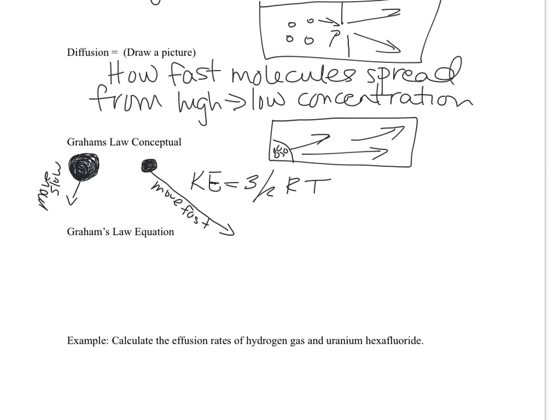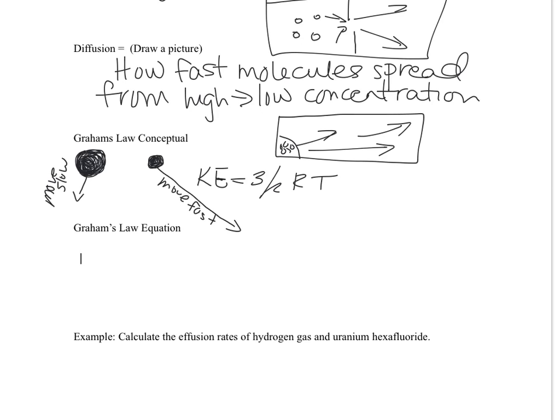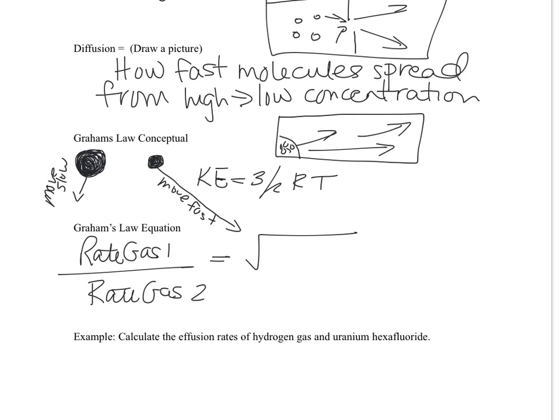So when we look at this actual equation, what we have is the rate of gas 1 over the rate of gas 2 is equal to the square root of molar mass 2 divided by the square root of molar mass 1, where MM2 and MM1 are the molar masses, as I just said.